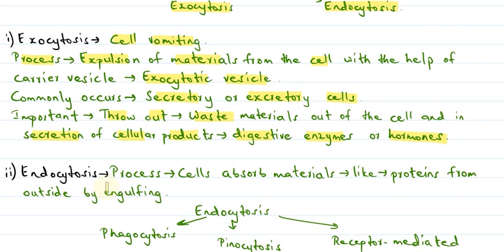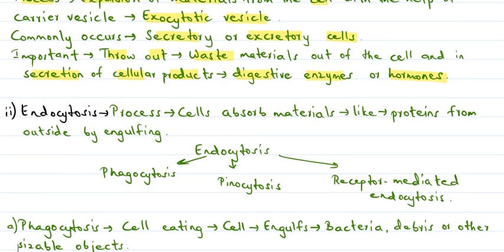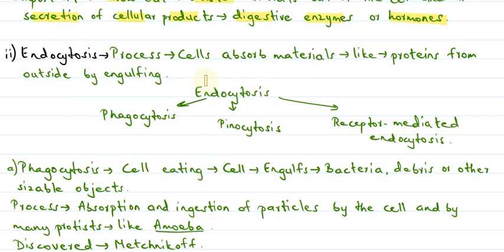Okay. So then we discussed endocytosis. Endocytosis is a process whereby cells absorb materials like proteins from outside by engulfing. This endocytosis is used by all the cells of the body because most of the substances are large polar molecules which cannot pass through the plasma membrane.